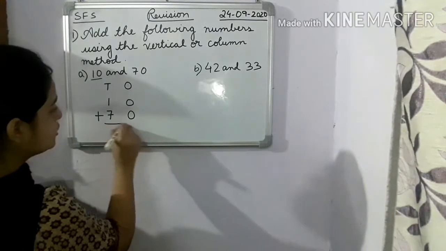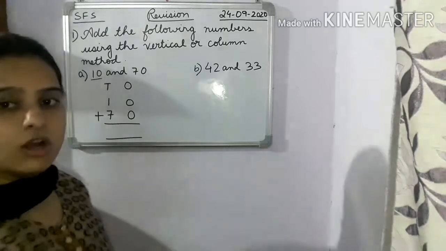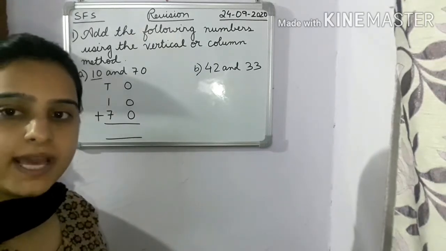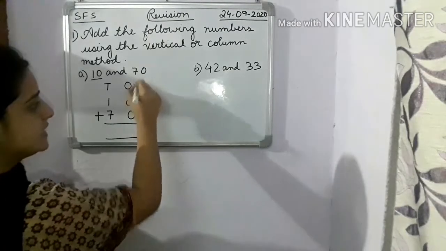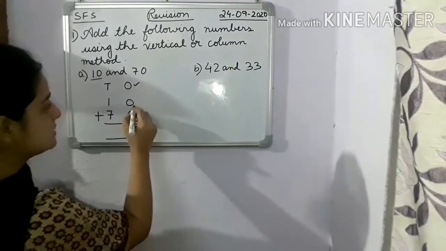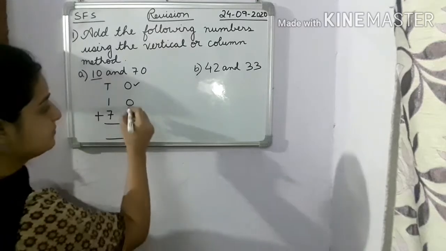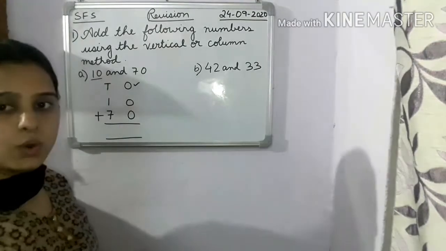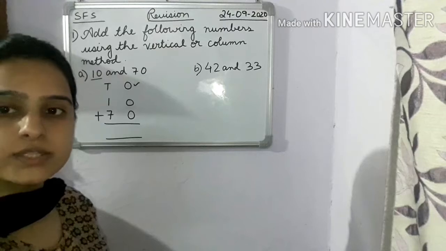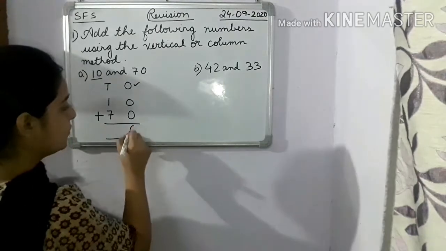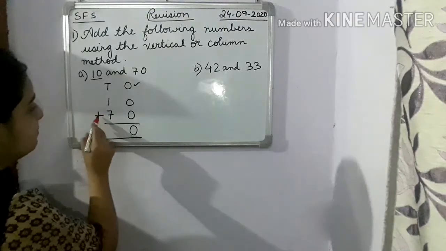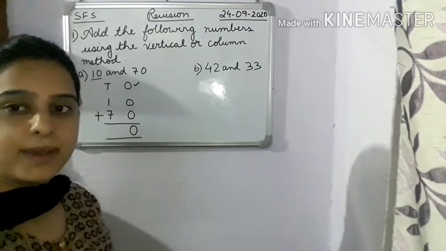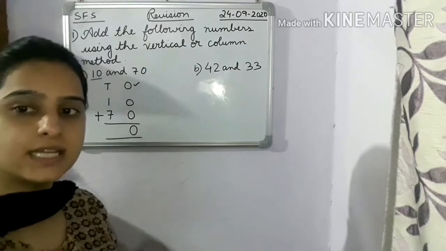Now do the addition, children. We always start addition from which place? We start addition from ones place, isn't it? So what digits are here, children? 0 plus 0. 0 plus 0 is what? 0. Next, 1 plus 7. Do you remember the mental addition, children? How to do mentally?